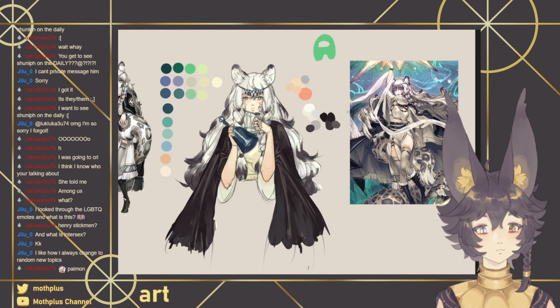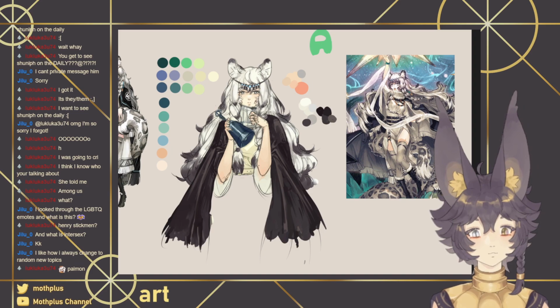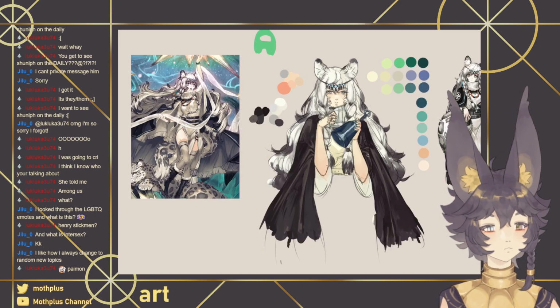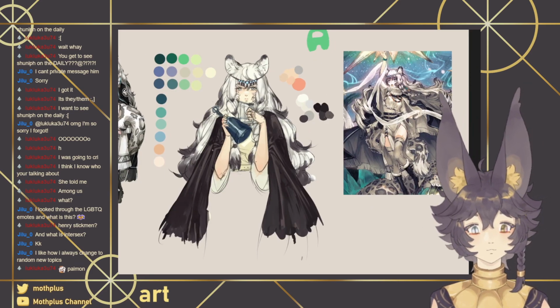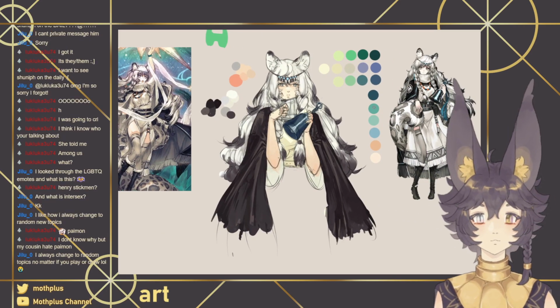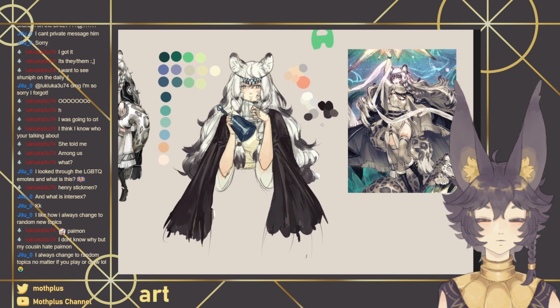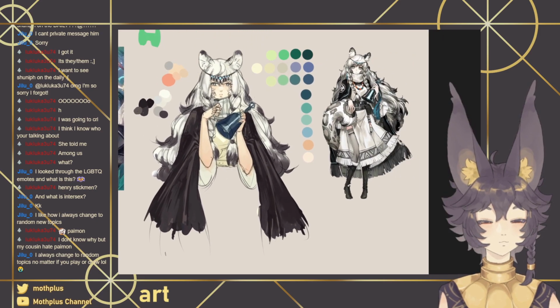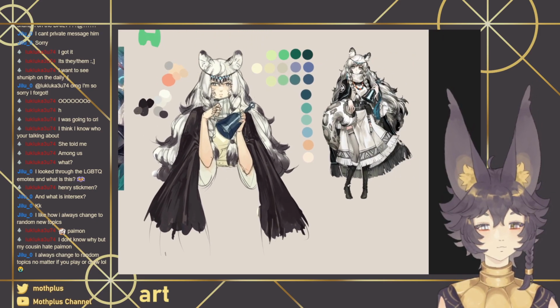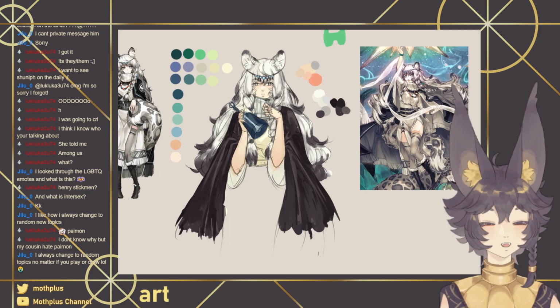But on an art stream, you can do whatever. And if I don't care about the topic, I just won't interact with it. But yeah, this is all about anything. I always change random topics no matter if you play or draw. Like I said, if it's a random topic that I don't care about, I will just not respond to it or be like, we're not doing that now, or something like that.